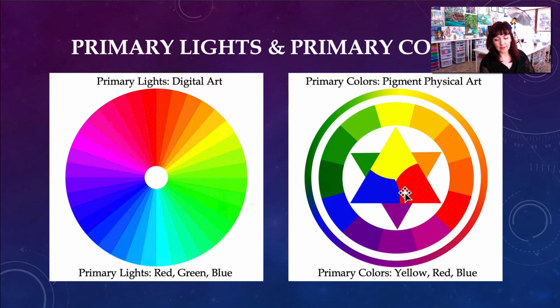When you're mixing your colors in the palettes, you would have three primary colors, which are yellow, red, and blue. When you mix two primary colors, you get a secondary color. So for red and blue, you get purple. And with yellow and red, you would get orange.